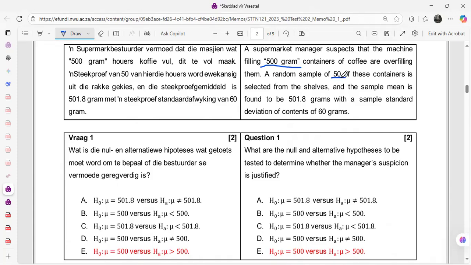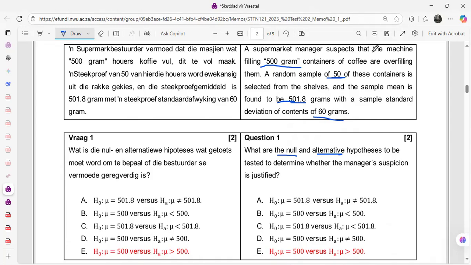A random sample of 50 of these containers is selected from the shelves, and the sample mean is 501.8 grams with a sample standard deviation of 60. What are the null and alternative hypotheses to be tested to determine whether the manager's suspicion is justified?